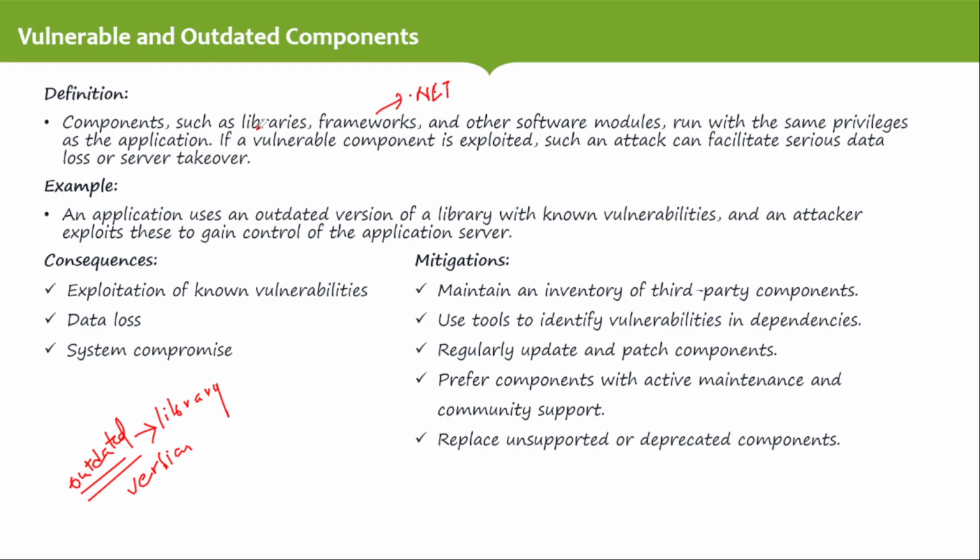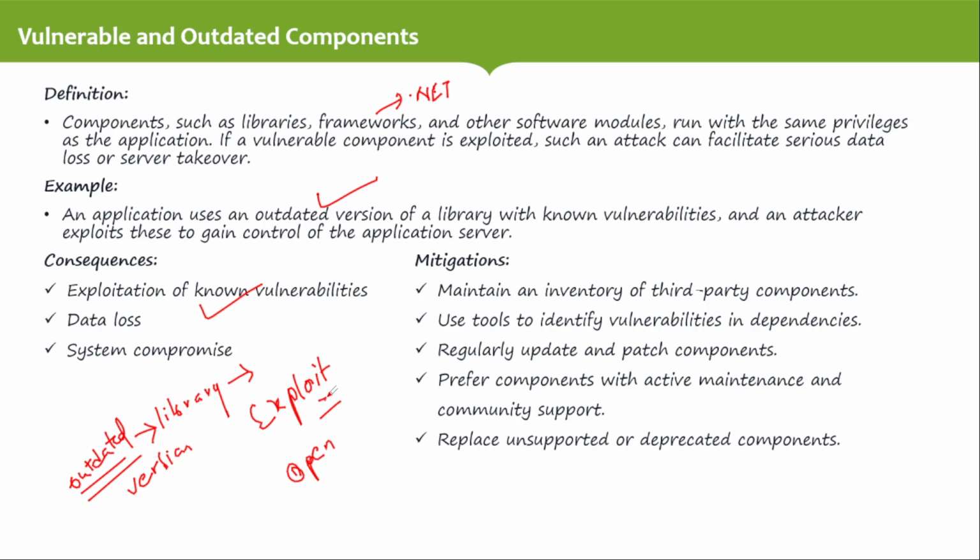So we have seen the example. Now let us see the consequences. Coming to the consequences, there is exploitation of known vulnerabilities, the vulnerabilities which exist in these libraries. That exploit can already be ready in open source. An exploit is an attack that is ready for that vulnerability.